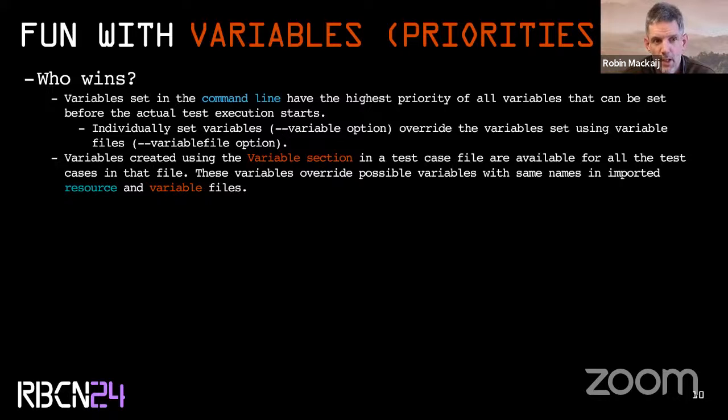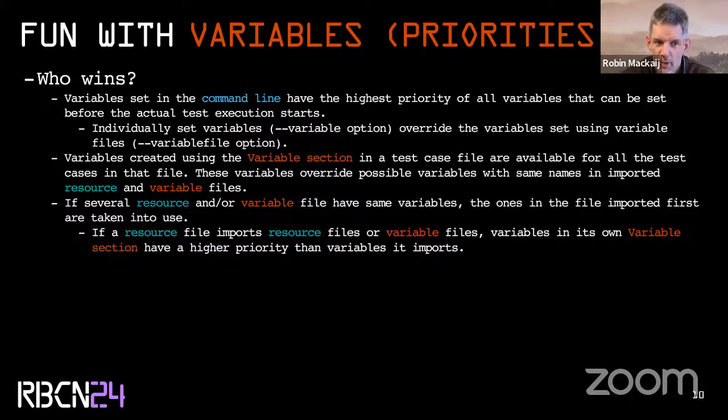Then variables created in the variable section of a test case file override those that are imported from a resource or variable file. So local goes over what you import.